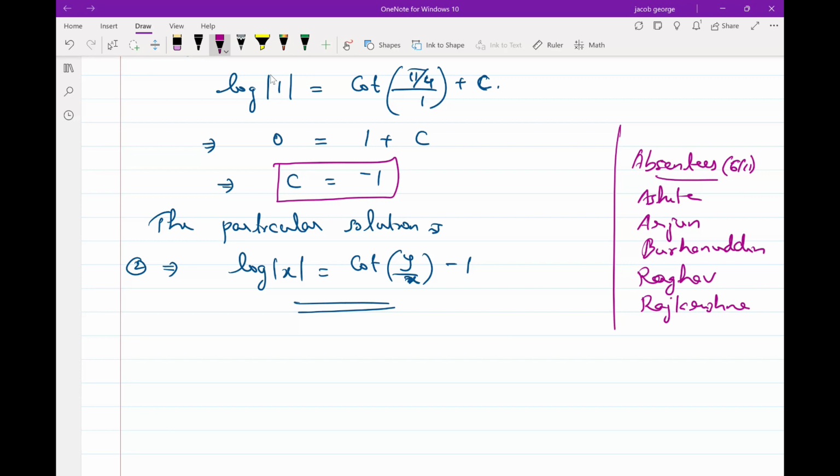Linear differential equation. That is the third and last topic of this chapter. It is also an easy topic.